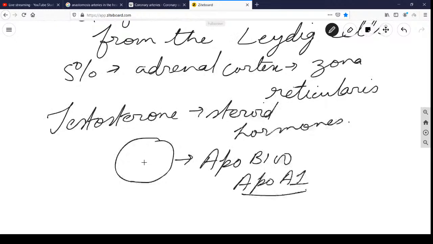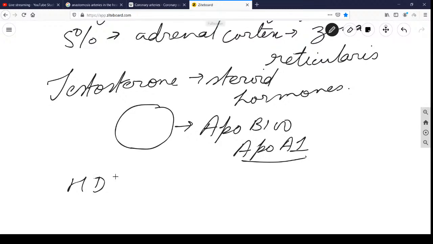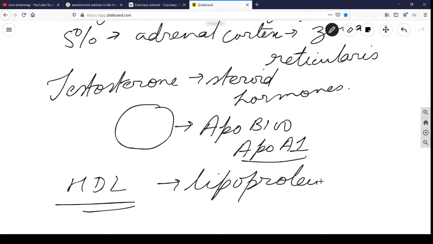That is why the full form is high density lipoprotein. Lipo means lipid plus protein, meaning that the lipid part, cholesterol or cholesterol esters, are embedded inside the protein, and the protein is exposed to the blood and then it is carried.